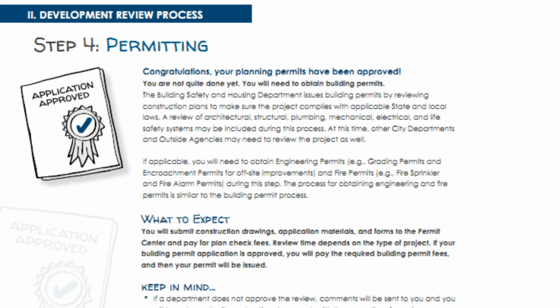Issuance. The permit technician will let you know what your required permit fees and any pending documents required. Pay fees and provide required documentation to be issued your newly approved building permits. Construction and inspection, final approval, and certificate of occupancy. See Step 5. Construction, on the following pages 30-31.